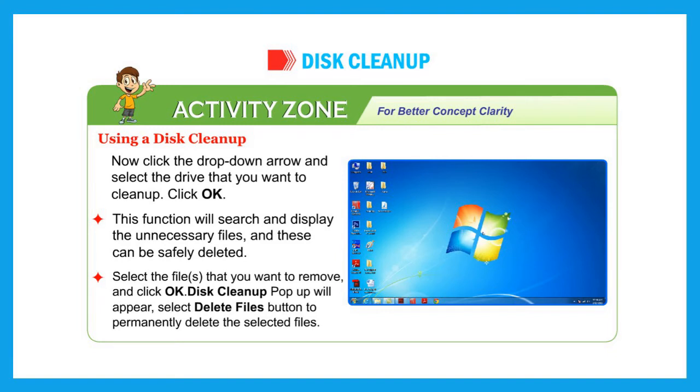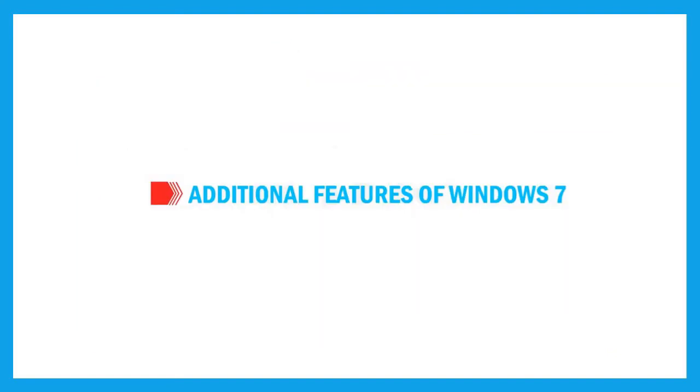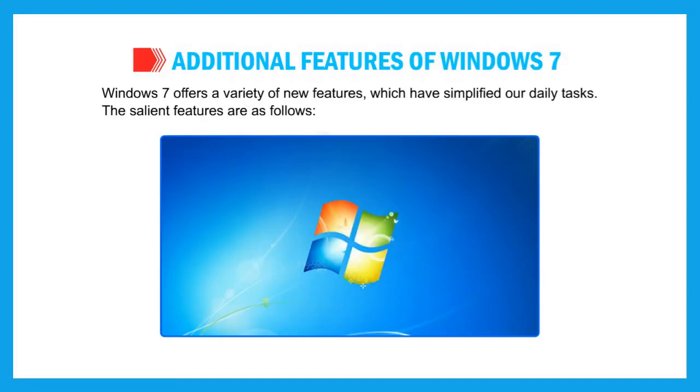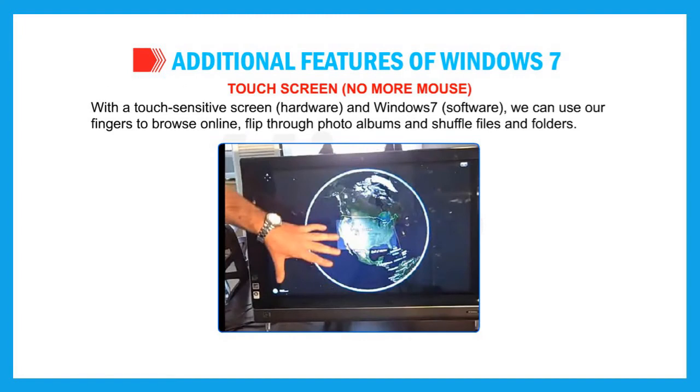Now, let's learn some additional features of Windows 7. Windows 7 offers a variety of new features which have simplified our daily tasks. The salient features are as follows. First is touchscreen. That means no more use of mouse.